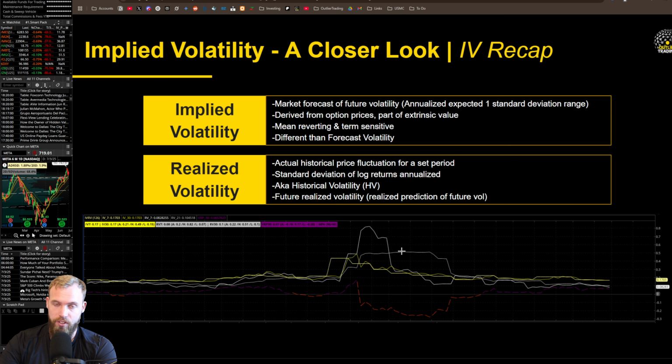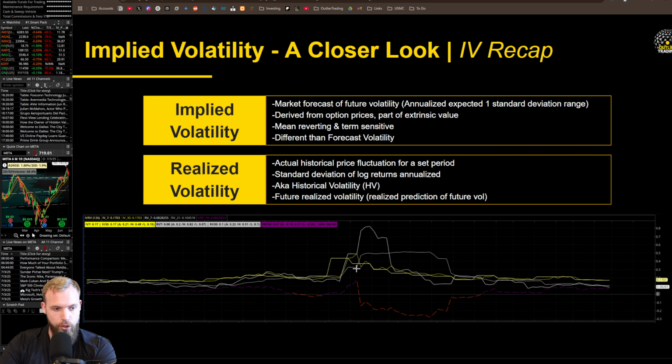And then the same thing, shorter term and then 30-day for implied. So you can see a common relationship between these expressed through this dotted line. The dotted line takes the difference between these two so that I can see if implied is trending over realized. And you can see most of the time this line is purple, which is representing that being the case, but every once in a while it turns red.